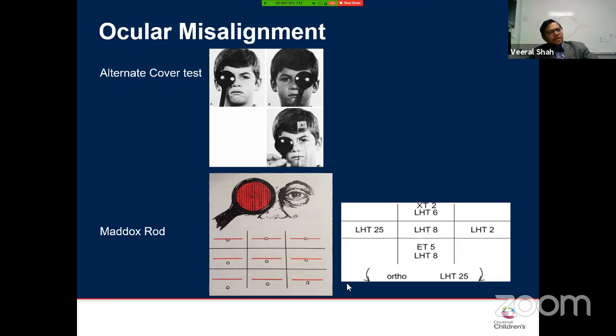This you can measure in both hypertropia, if one eye is above or below, or in terms of esotropia, exotropia, and that's what these designations are. XT is exotropia. This is talking about a left hyper, so the left eye is a little bit sitting higher than the right eye. This is just an example to show you.